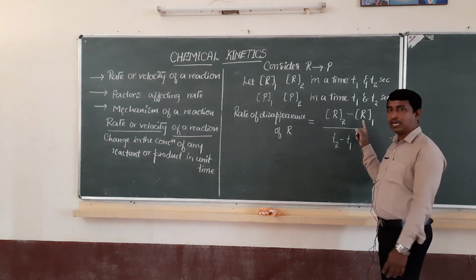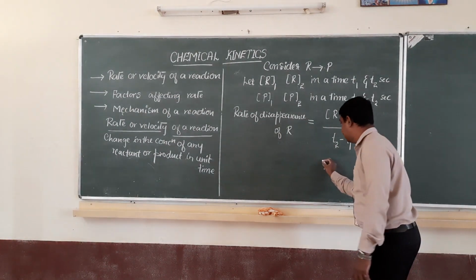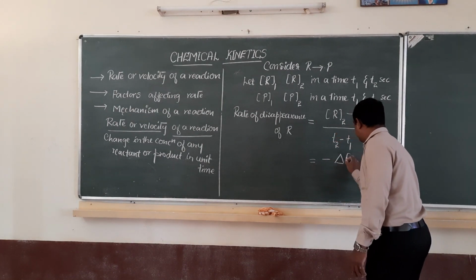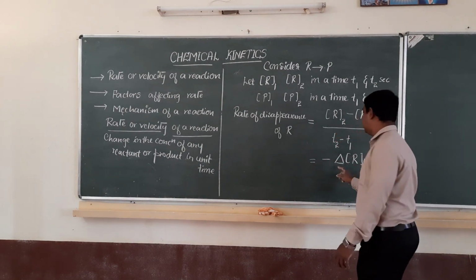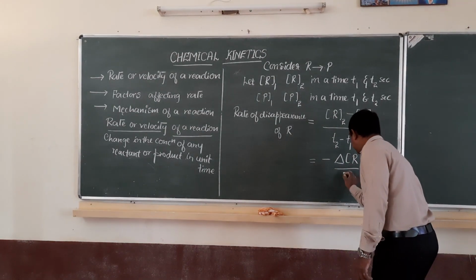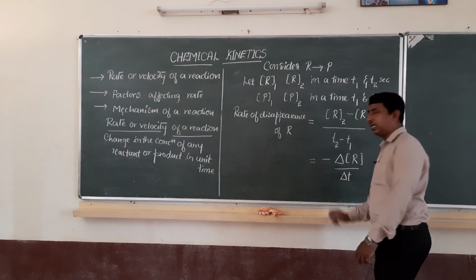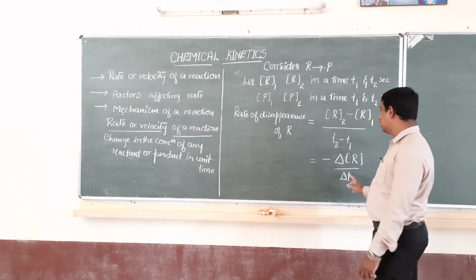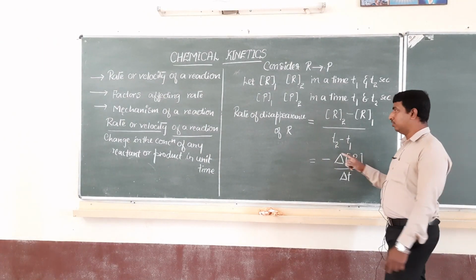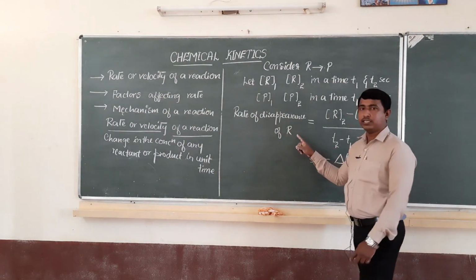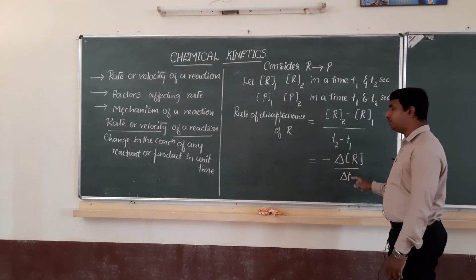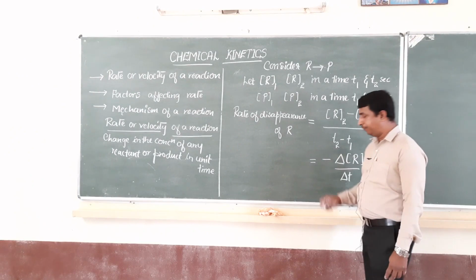So R2 minus R1 is a negative quantity. So it is equal to minus delta concentration of the reactant by T2 minus T1, that is delta T. So the rate of disappearance of the reactant R is equal to minus delta concentration of R by delta T.